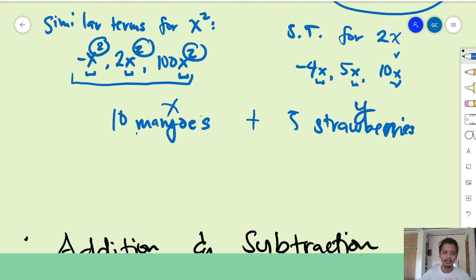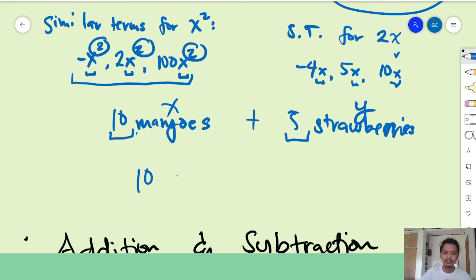So, when it comes to addition and subtraction of polynomial, hindi natin sila pwedeng pagsamahin. Yung mga tinatawag nating coefficients, or by coefficients, yung number na attached sa ating mga variables. Okay? Kung nabasa niyo na sa module, ang isinulat doon, kapag pinag-add mo yung 10 mangoes at 10 strawberries, hindi natin siya pwedeng isulat as 15 fruits, kasi iba-violate natin yung ruling natin dito sa algebra.